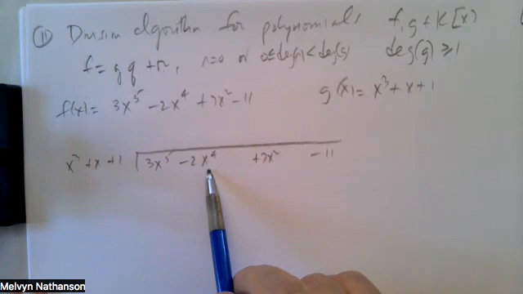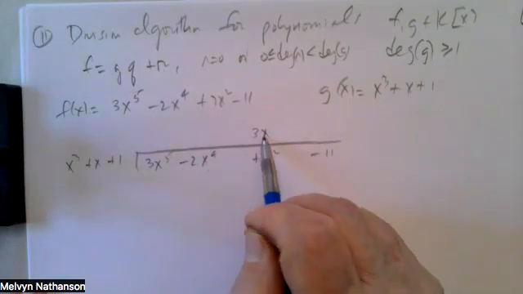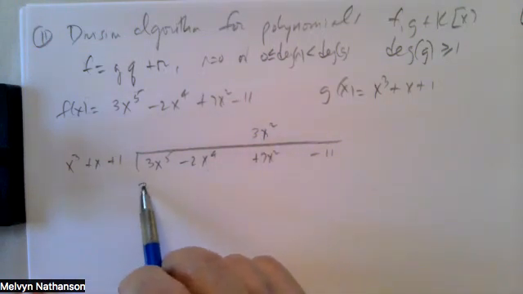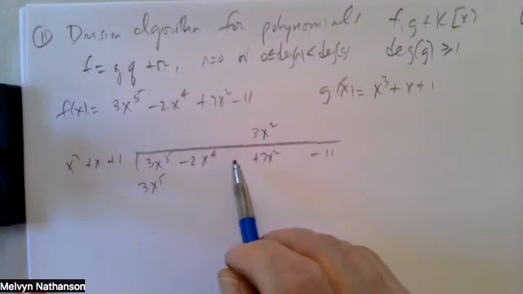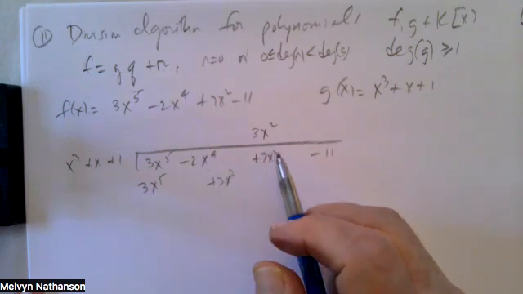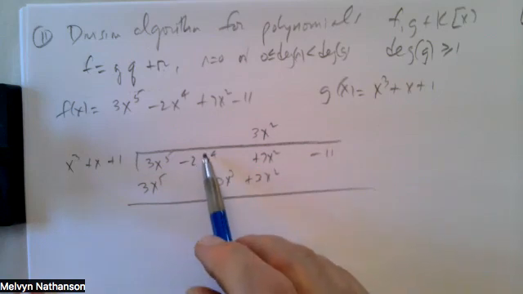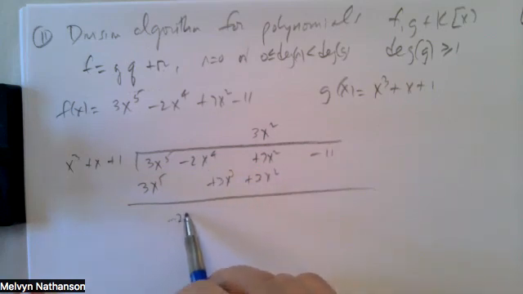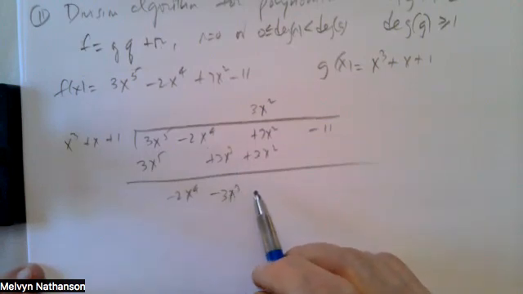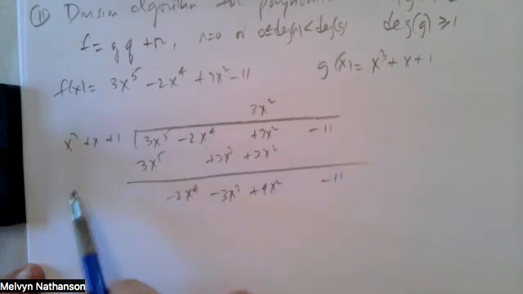So x cubed goes into 3x to the 5th, 3x squared times. 3x squared times this is 3x to the 5th plus 3x cubed plus 3x squared. So I subtract this minus this, I get minus 2x to the 4th minus 3x cubed plus 4x squared minus 11.